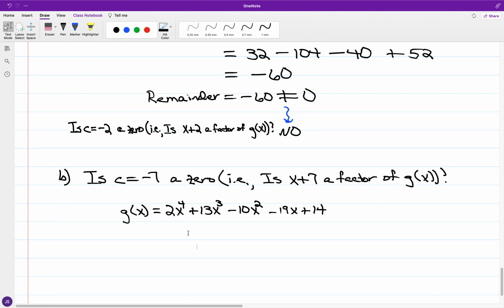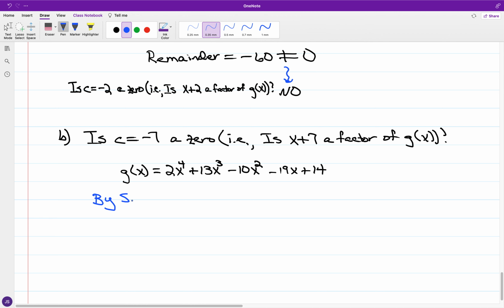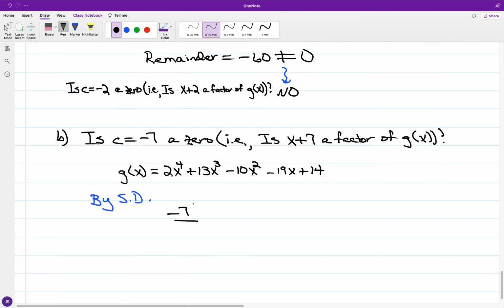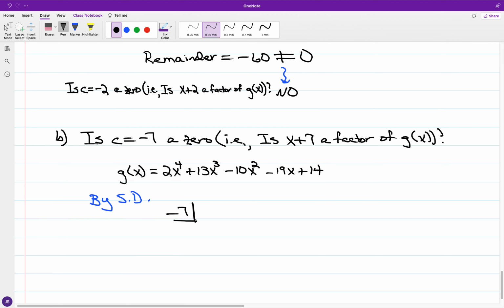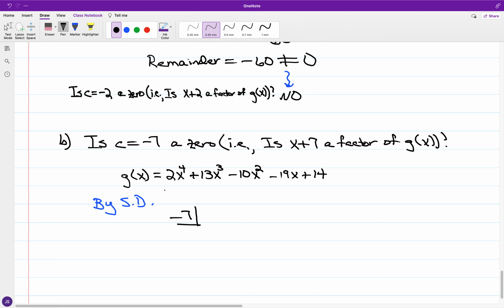So you could use the remainder theorem again, but if I go with synthetic division, I already have negative 7 as a 0 of the divisor, but in terms of whether it's going to be a 0 of this polynomial, I can line things up here.